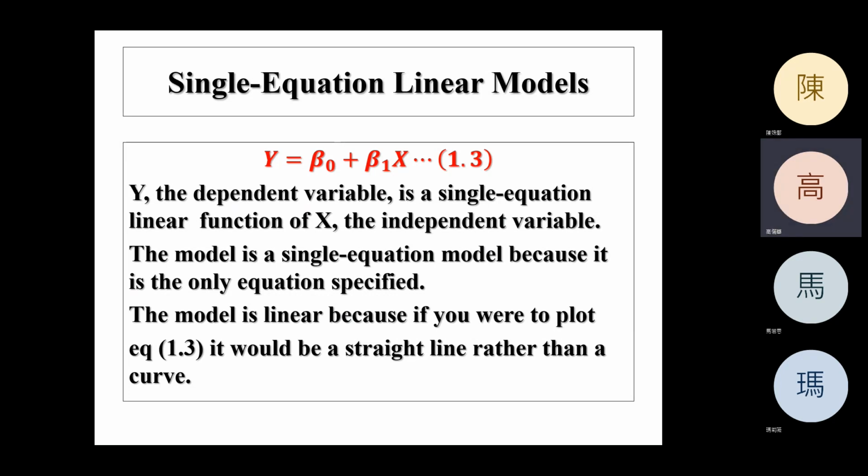This model is called a single equation model because it is the only equation specified. And the model is linear because if you were to plot equation 1.3, it would be a straight line rather than a curve. This is from your junior high school math. If you draw the diagram for 1.3, it is just a straight line, right? Any questions about the straight line here?